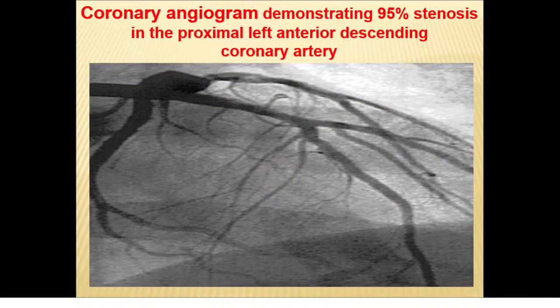Now, if you look at this graph, you see that a significant mass of coronary vessels is slightly or completely invisible. Why? Because the contrast medium cannot go into those coronary vessels.